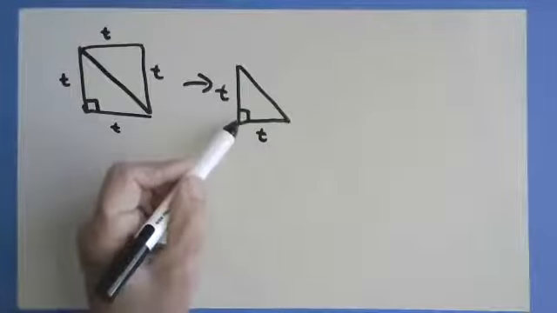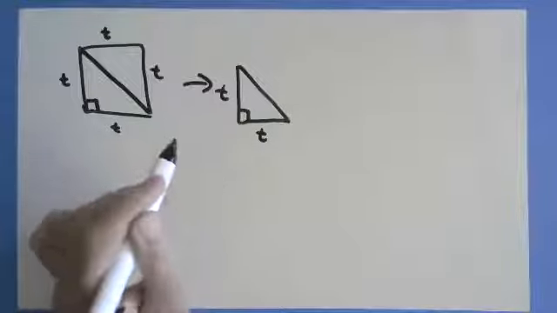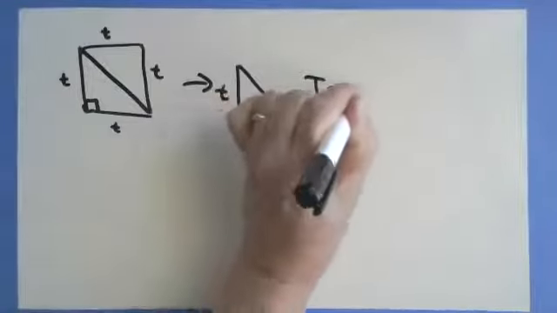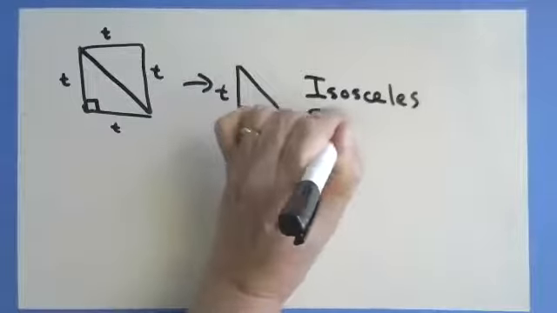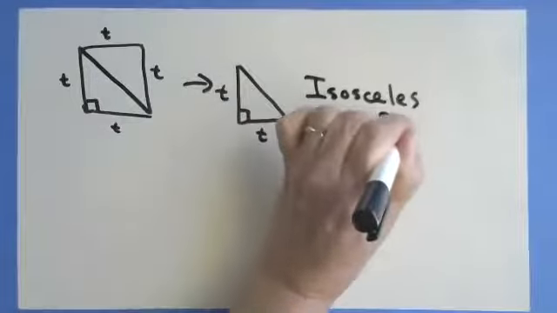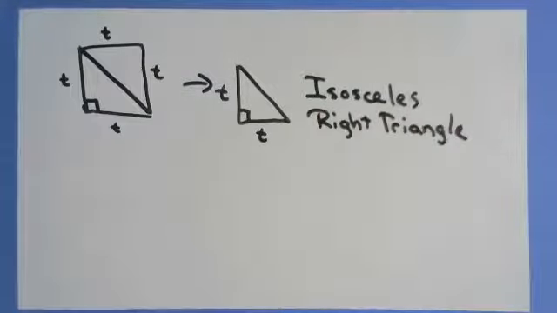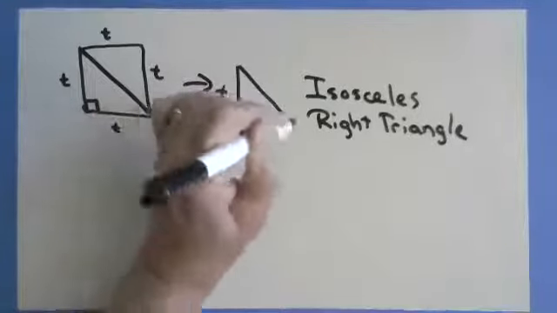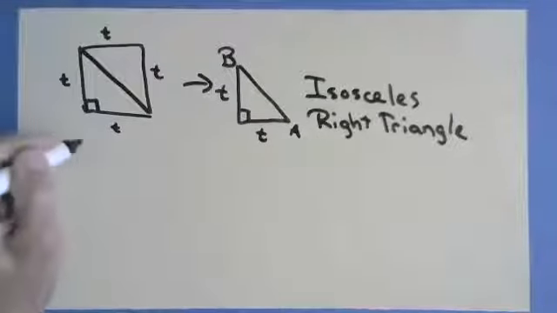And we know that there is that right angle there. And so what we have here is our first special triangle, called an isosceles right triangle. Now we saw earlier that right triangles have interior angles that are not the right angle, we'll call these A and B, that add up to 90 degrees.